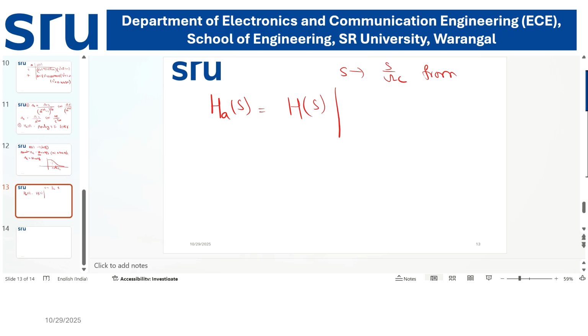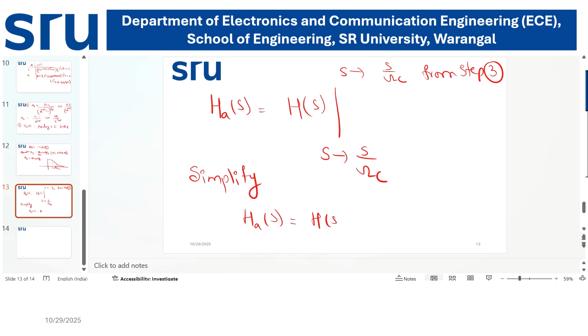So s has to be replaced by s by omega c. Now simplify this expression after substituting s by omega c, and write in terms of the coefficients, always writing the coefficient of the s square term as 1. So that is our final low pass filter design.